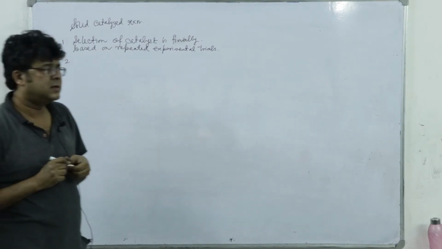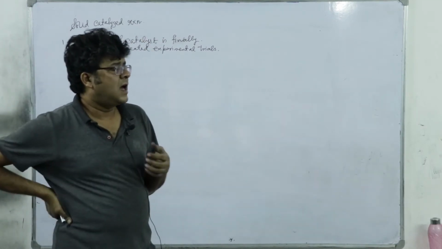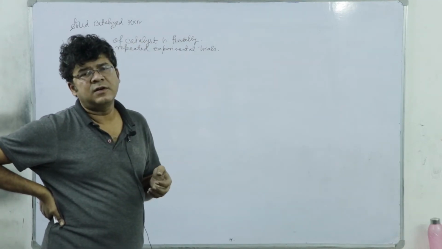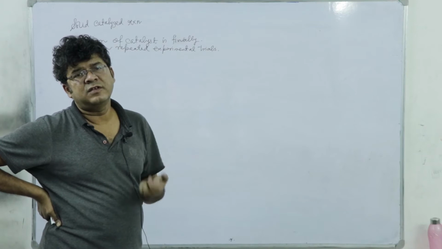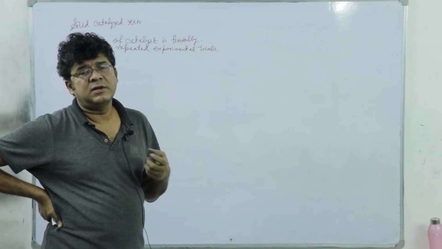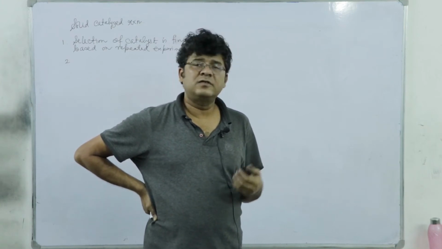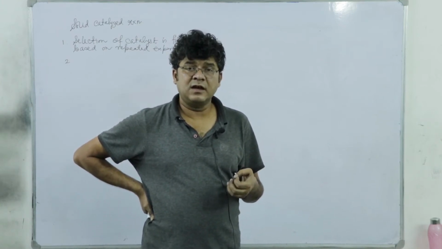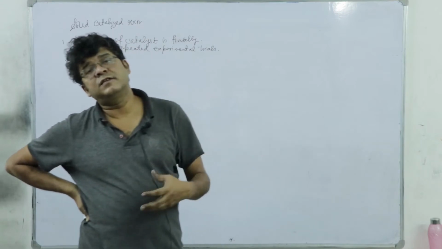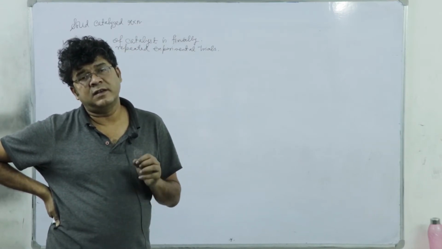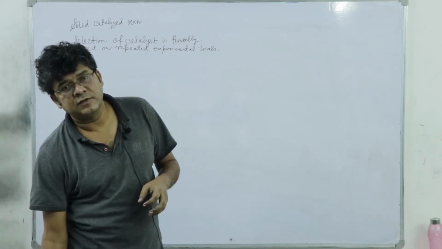Number 2, say this iron catalyst, its function in the conversion of nitrogen and hydrogen into ammonia. But that does not mean that any form of this iron, if we use, will function as a catalyst. Its process of synthesis, its crystal structure, all components are important, not only the chemical composition.